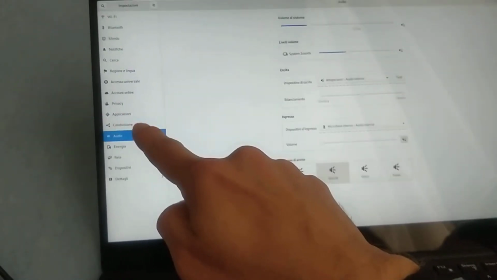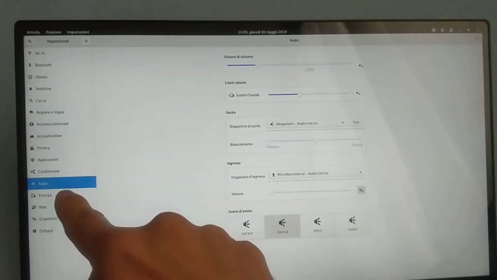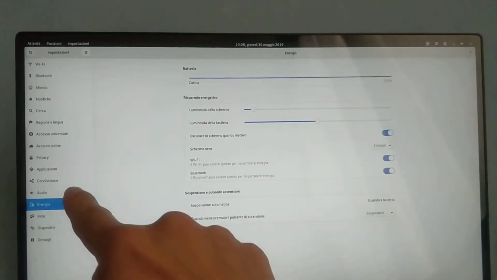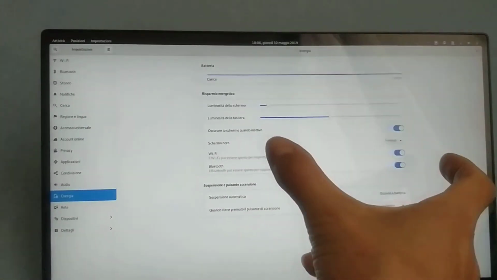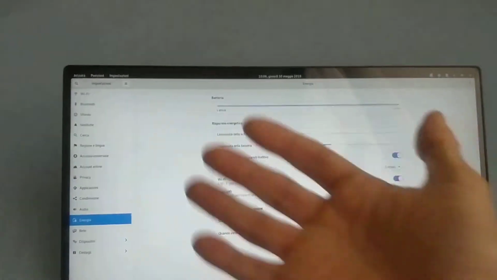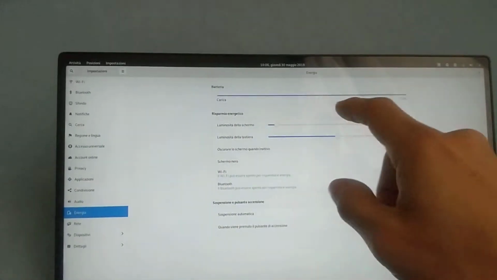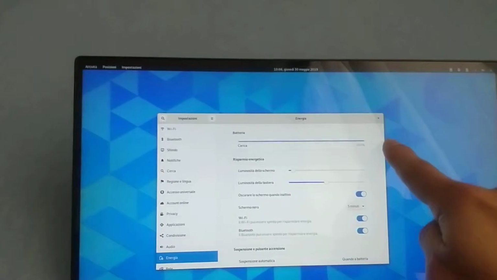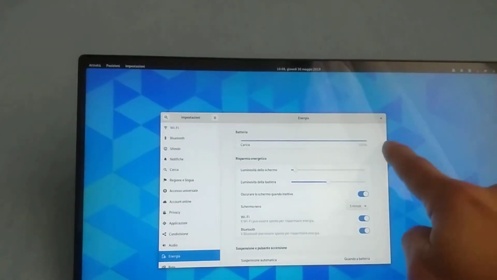So different width. You can see that. Look at this. This is the energy. It should be power in English, not sure. And it's wider. I don't know why this is the only one which is wider than all the others. So let's see, is this responsive?